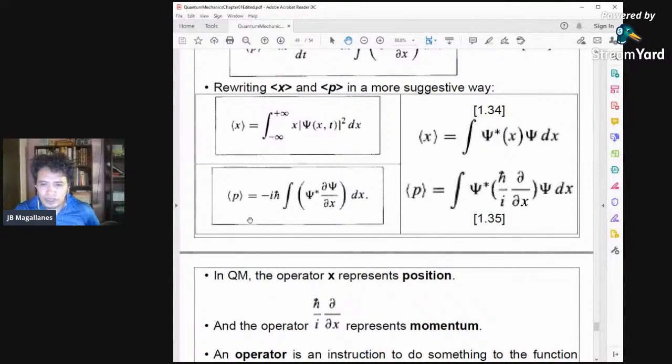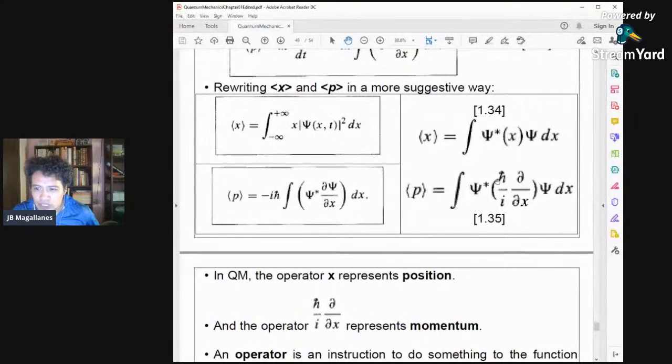The x is now between psi star and psi. And also for the momentum, you can rewrite it like this. This expression is now at the center between psi star and psi. This is your expectation value of momentum, and the position in quantum mechanics is represented by x.